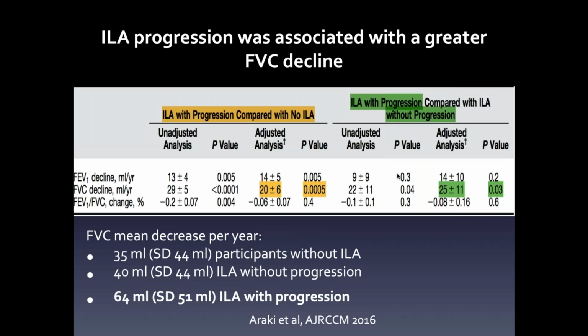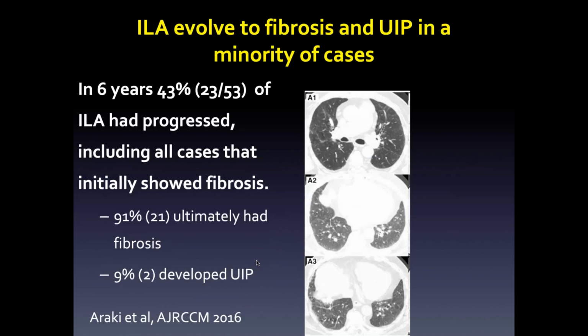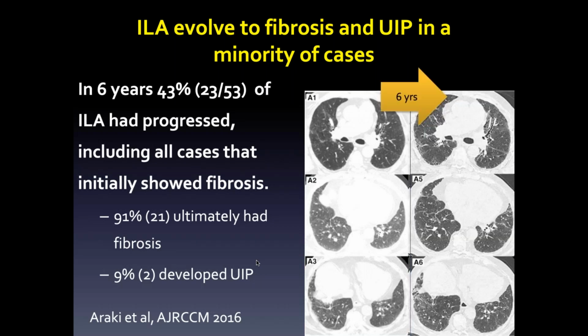And you see that with progression, the decline is around 64 milliliters per year, compared to 40 milliliters per year in ILA without progression and 35 milliliters per year in participants without ILA. A minority, at least in a short period of time, in 6 years of observation, progressed to develop definite UIP pattern, as shown in these pictures.